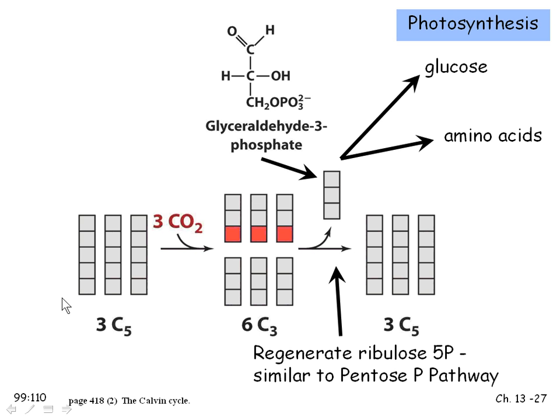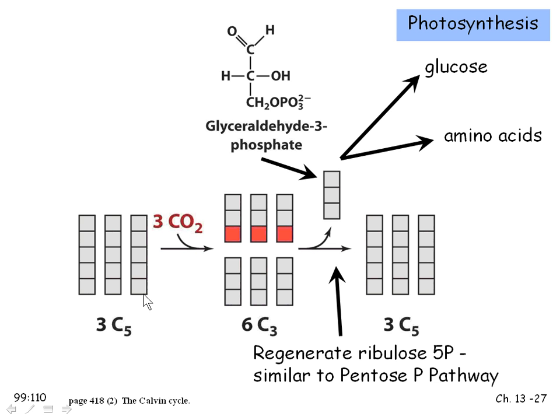If you want to do a very crude look at the bookkeeping, if you have 3 molecules of ribulose 1,5-bisphosphate and 3 molecules of carbon dioxide, you'll make 6 3-carbon pieces, because each time you add a carbon dioxide to one of the 5 carbons, you're going to break it into 2. And these 6 all together can be rearranged back into 3 5-carbons, if you think about it, plus 1 3-carbon that's left to be used in various ways.